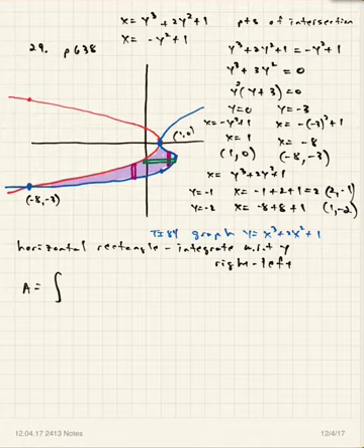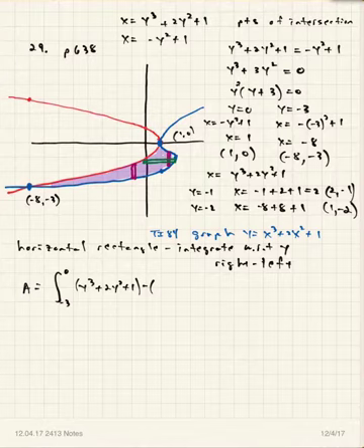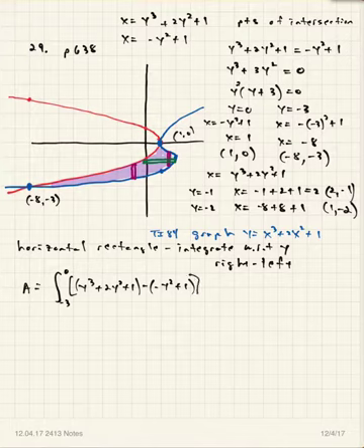So we're going to integrate from -3 to 0. The right curve is our cubic graph, and so that would be y cubed plus 2y squared plus 1, minus the left curve, which is the parabola, and this is -y squared plus 1, like this. And this is the function that I'm integrating.